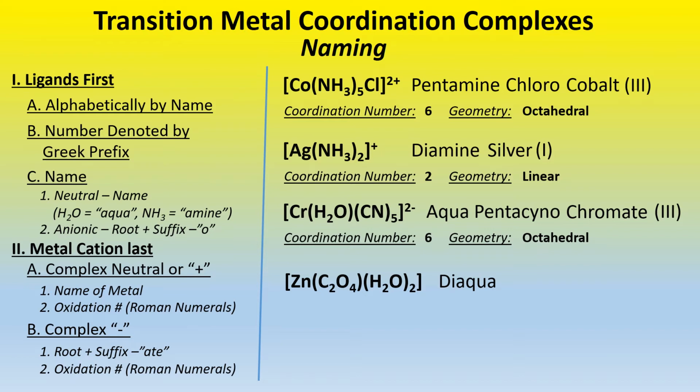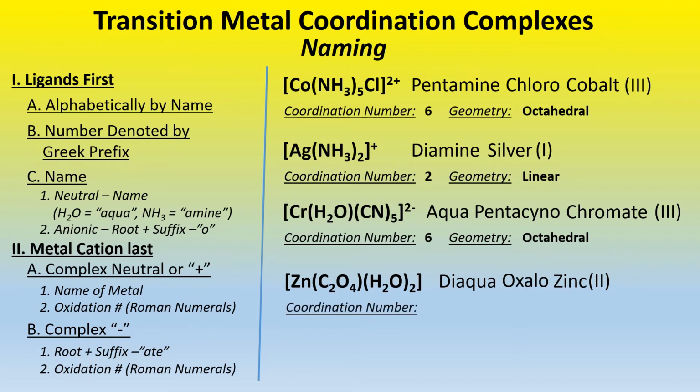The oxalate ion, as you saw, has a charge of -2, so I have a diaqua oxalo. The entire complex is neutral, so Zn is just zinc. And again, since the oxalate ion is -2 and the charge is 0, I have a diaqua oxalo zinc 2.